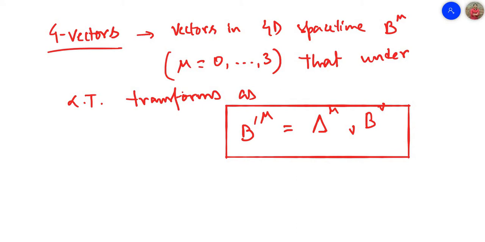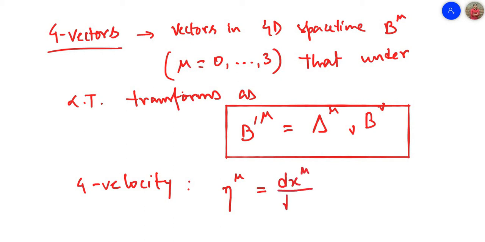So let me give you a couple of examples of some familiar 4 vectors. Immediately we can cite the example of 4 velocity. So what is 4 velocity? 4 velocity is basically the parametric differentiation of the 4 position vector, where tau is any parameter of motion, right?